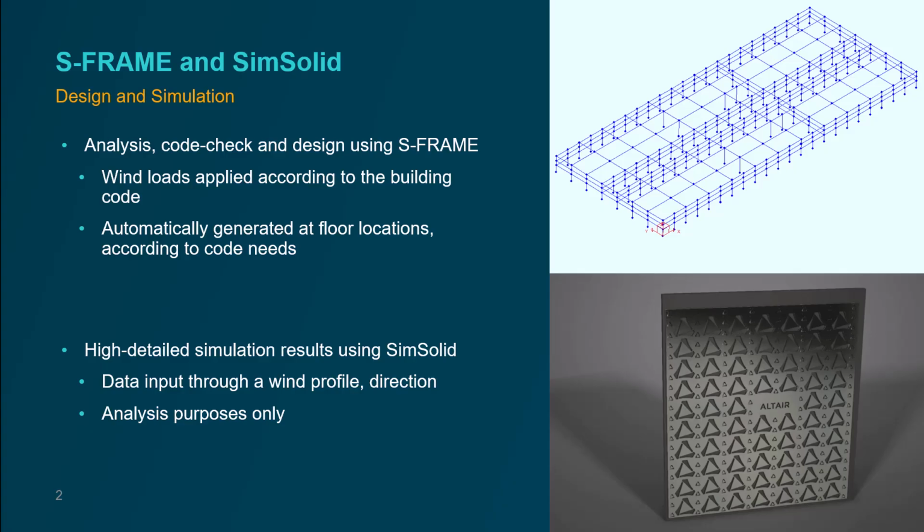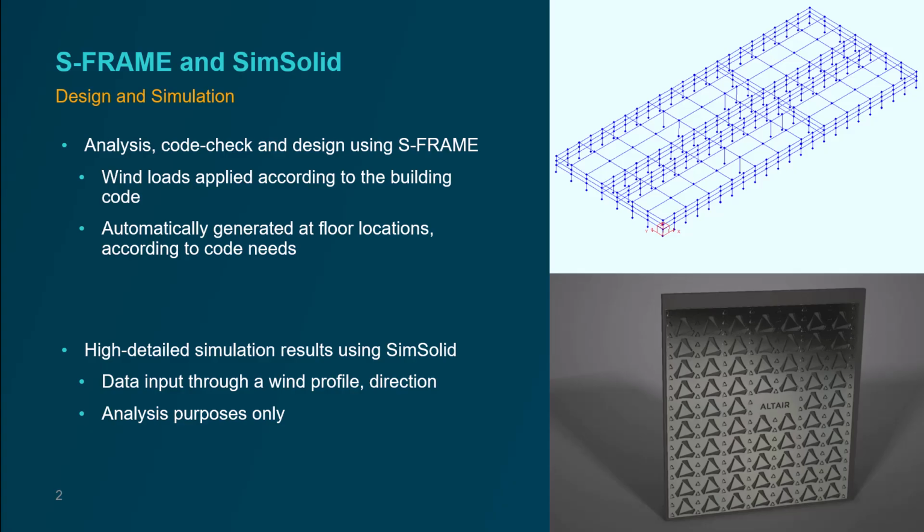They are automatically generated at floor locations according to the code needs. So S-Frame has this option to integrate those wind loads according to the code, so we don't really need to input that data by each story, or each floor. We can just input some data and then that will be distributed into the structure.